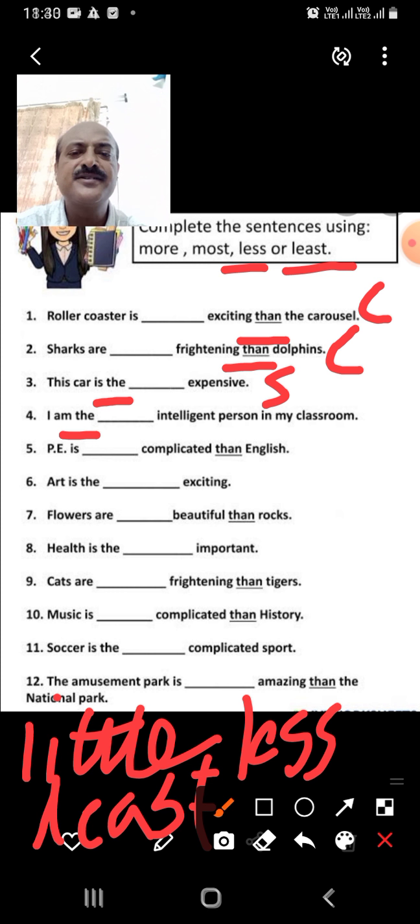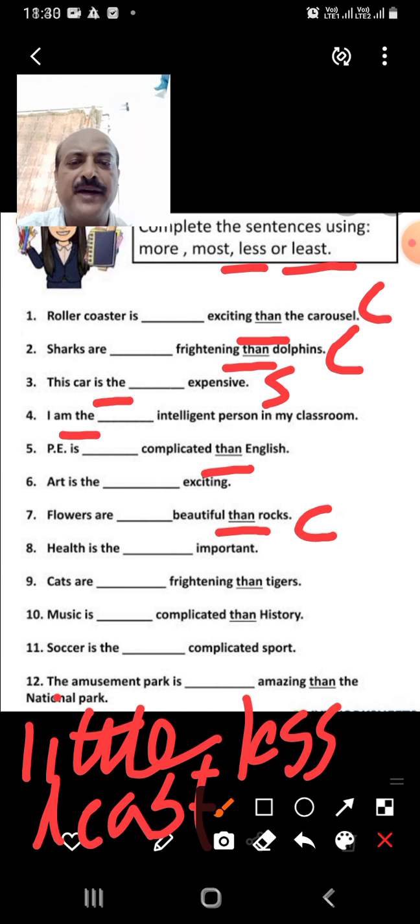PE is complicated than English. So out here than, so we know when than is given, so more or less. PE is less complicated than English or PE is more complicated than English. Art is the most exciting. Flowers are, again out here than, so this is comparative, are more beautiful than rocks.